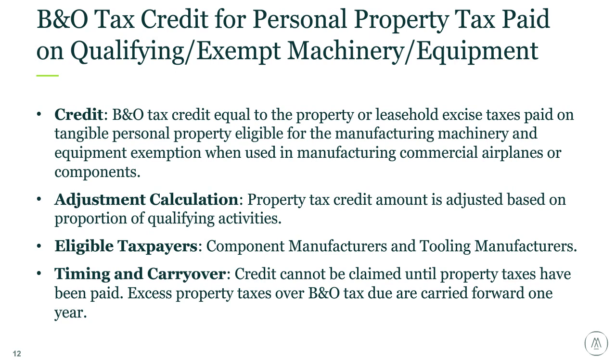If you exceed your B&O tax liability for the calendar year, you can carry it forward up to an additional calendar year. And so that kind of gives you, if you have January, February, March filings, and you haven't paid your property tax in the current year yet, you may have a carryover from the previous year that offsets some of that liability in that first quarter.